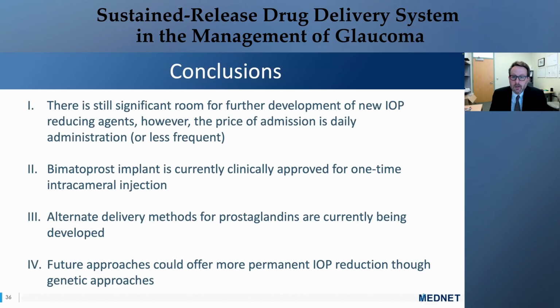The bimatoprost implant is currently clinically approved for one-time intracameral injection. And there are a number of alternative delivery methods for prostaglandins that are currently being developed. There are some future approaches that could offer a more permanent IOP reduction through genetics, but those are all in preclinical stages at this point.